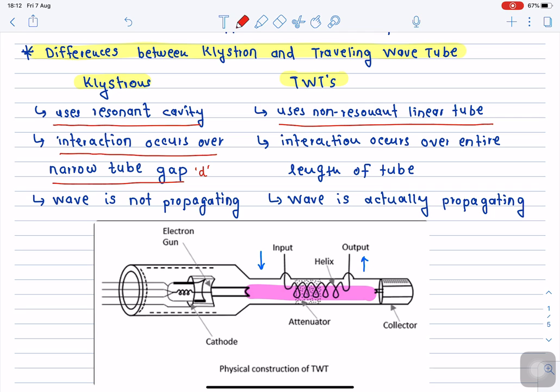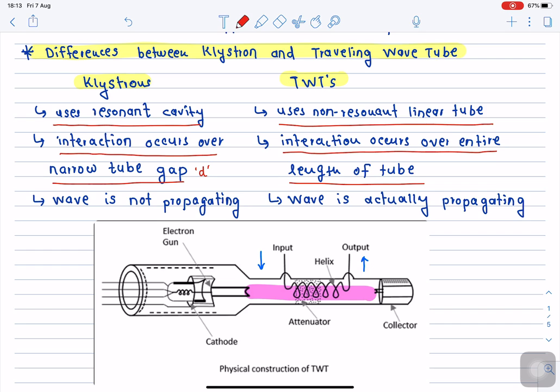This gap is very small, and hence there is no scope for the electron beam to interact with the microwave signal for a longer period of time. On the other hand, if we compare the operation of a traveling wave tube, the interaction occurs with the electron beam over a larger length of the tube, and that's why a larger amount of amplification is easily possible when we make use of a traveling wave tube.